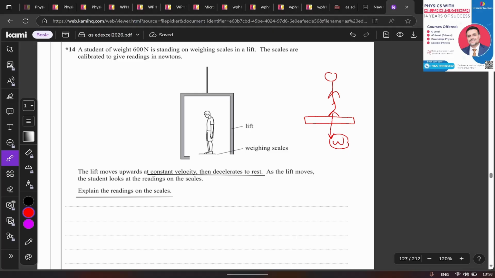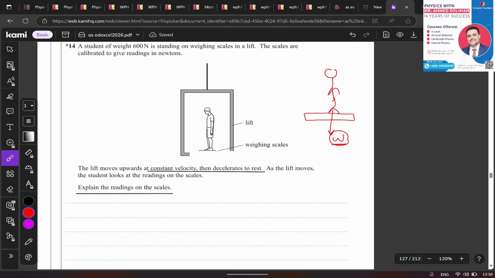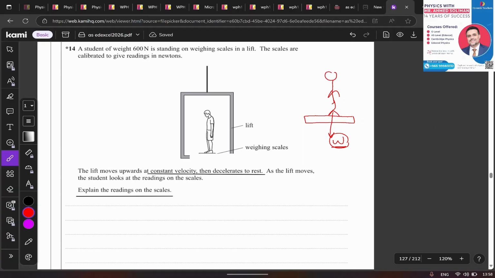But in fact, you can't write the weight is the force that gives you the reading. Tell me why. Do you have a balance at home, man? Okay, we will suppose you have a balance.